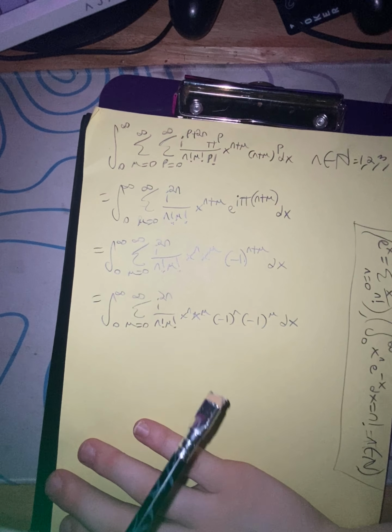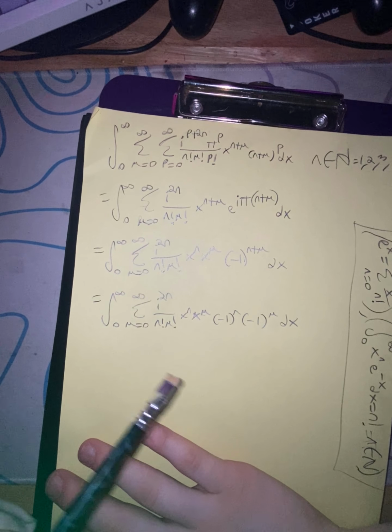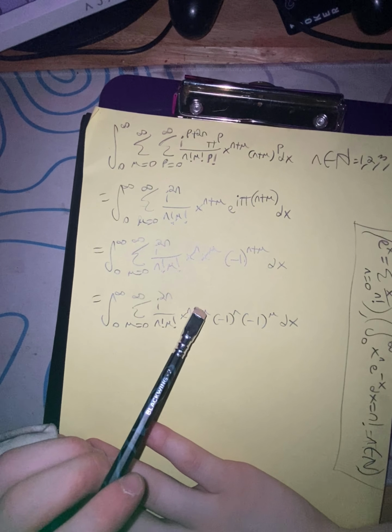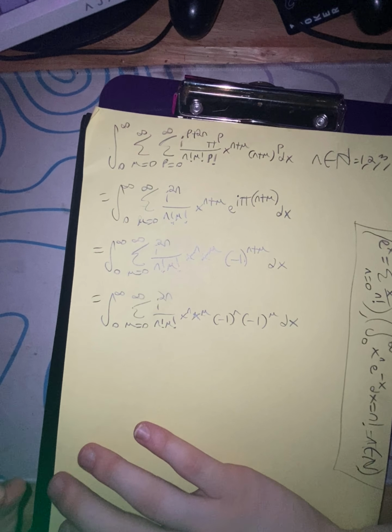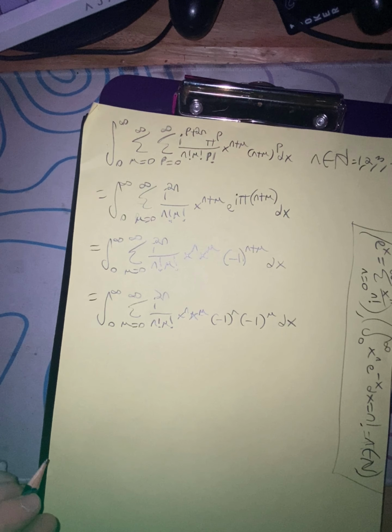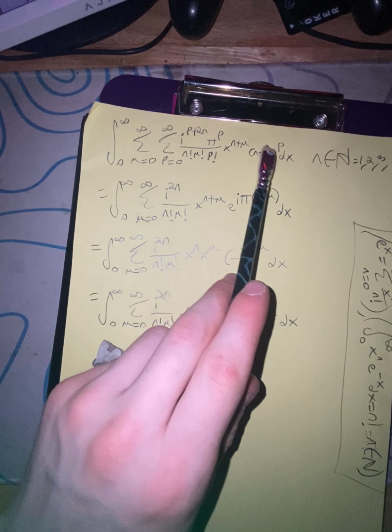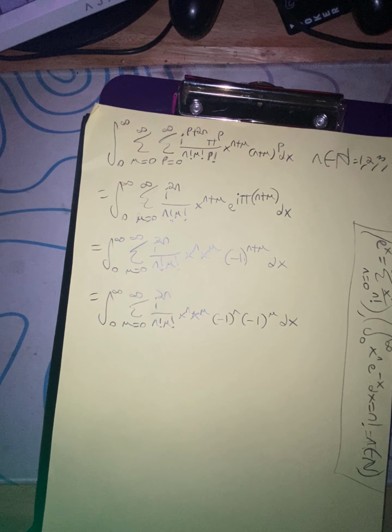-1 to the m times x to the m is -x to the m, because it's the same case that let us combine the exponents.